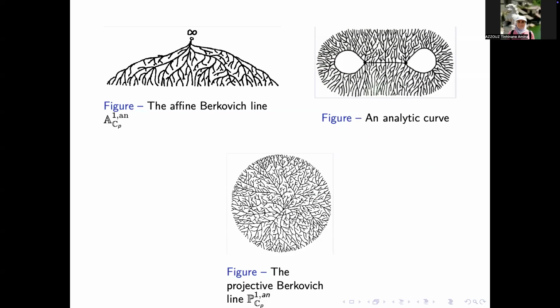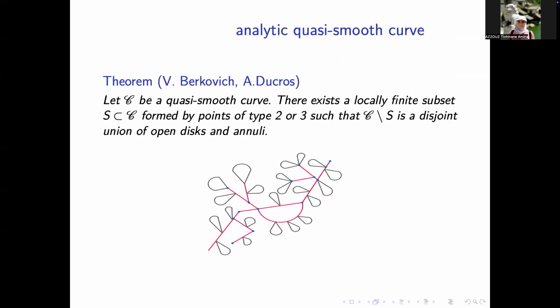Contrary to the complex case or the real case, or differential geometry, where we want to define a curve locally, it is locally isomorphic to an open part of C. But here in the p-adic setting, it is not really the case, but hopefully it is almost the case if I consider a curve.